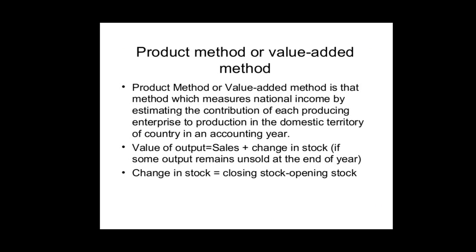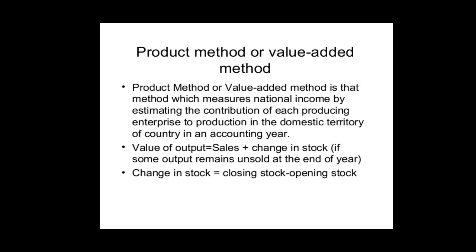Students, double counting means consideration of certain items more than once, which eventually leads to overestimation of national income. In order to avoid double counting, value added at each stage of production should be calculated to arrive at national income. What is value added?